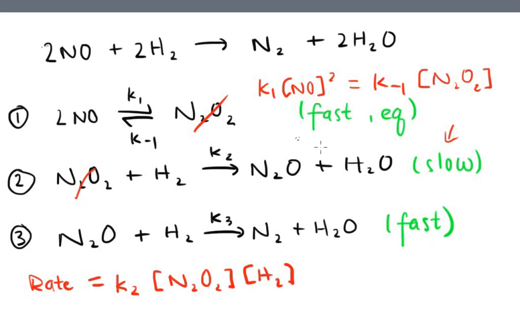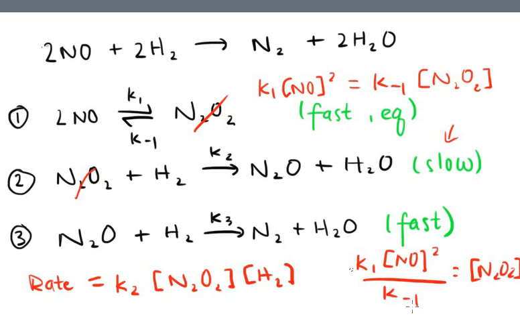So what I get is K1 NO squared divided by K negative 1 is equal to N2O2.